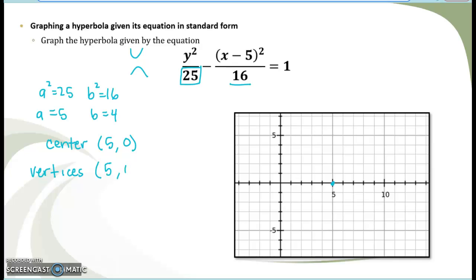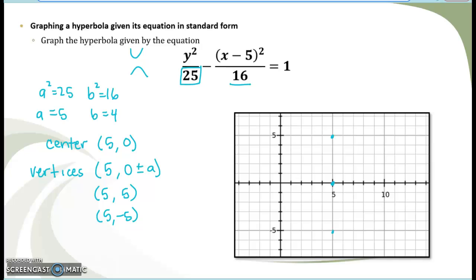We're going to take 5, and then our y value is 0, and we add and subtract a, which happens to be 5 as well. So our vertices end up at (5, 5) and then (5, -5), like this.